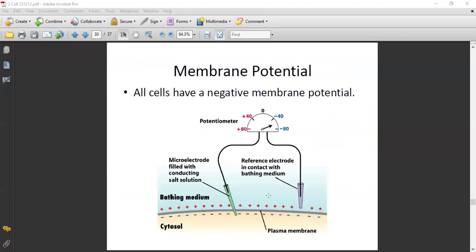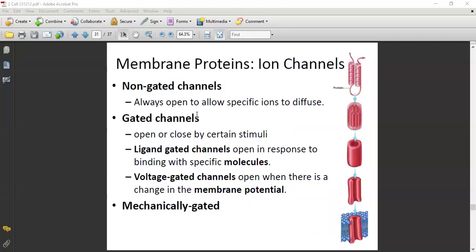Different cells have different ion channels, either non-gated or gated. When we talk about the gated ion channel, we can have ligand-gated, where a chemical binds on it to open it.